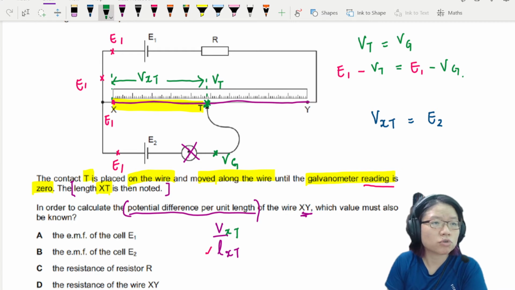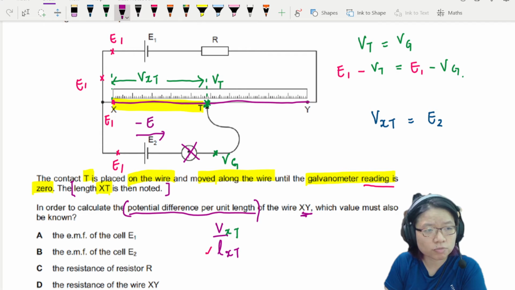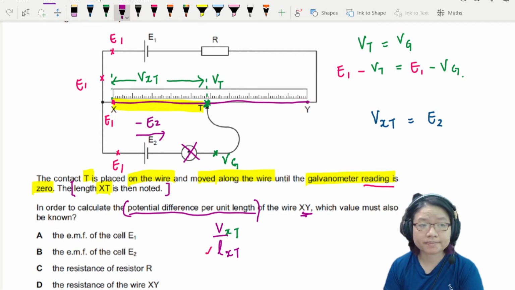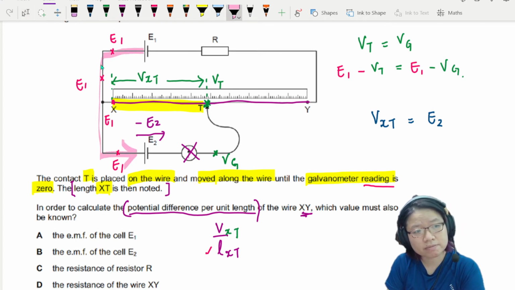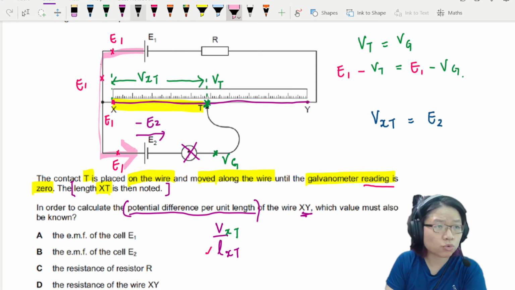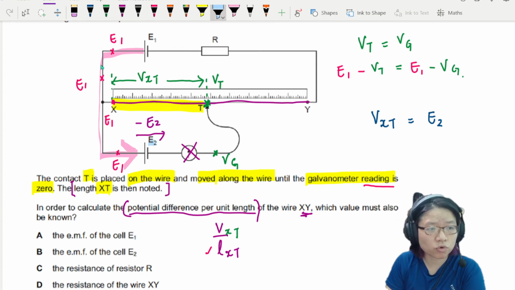The drop in potential from here to here is minus E2 because you're fighting the battery. This E2 doesn't go in the same direction as E1. If you look at E1, E1 wants the current to flow like this. But E2 wants the current to flow like this.